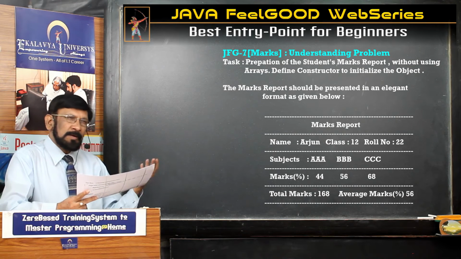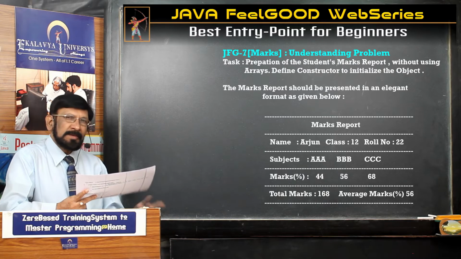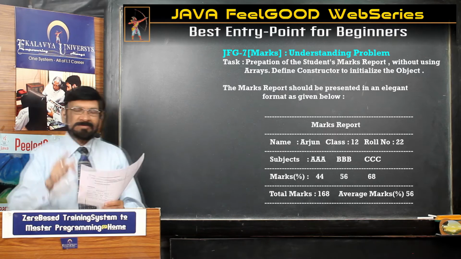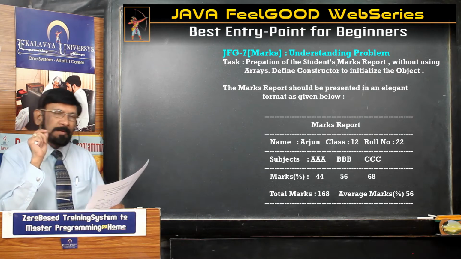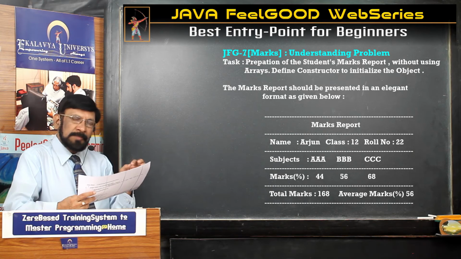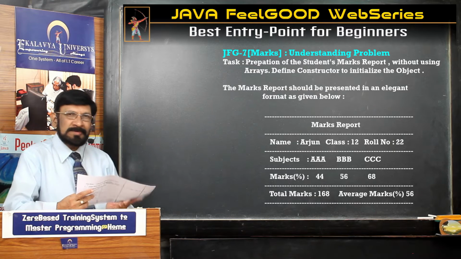Actually, you have different names for different subjects like English, computer science, mathematics, Hindi. But here, for the sake of simplicity, you give names as triple A, triple B, triple C in uppercase only. Don't give lowercase.